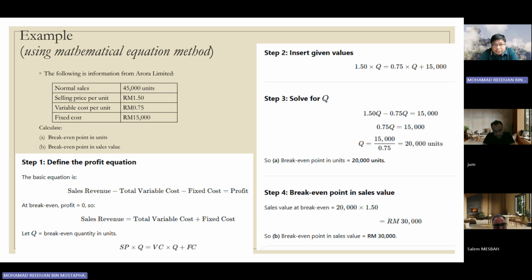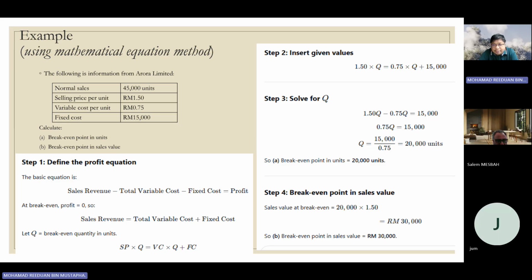If a question asks you to solve this problem and normally does not specify which method to use, the best is to use the contribution margin method, the second method, rather than the first. But if you are quite familiar with the mathematical equation, there should not be any problem, because with a scientific calculator you just put in the equation and you can get the answer. Are you using a normal calculator or a scientific calculator?